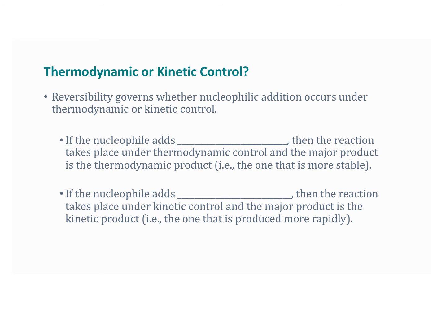And so we know that the reversibility of nucleophilic addition governs whether the competition takes place under thermodynamic or kinetic control. So if you want to go back and review that information, that's chapter 12, section 10. And we also talk about thermodynamic and kinetic control in chapter 11, section 3.